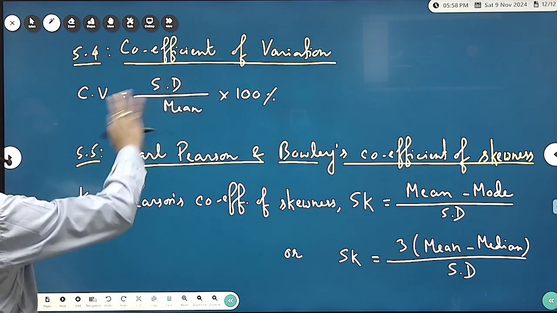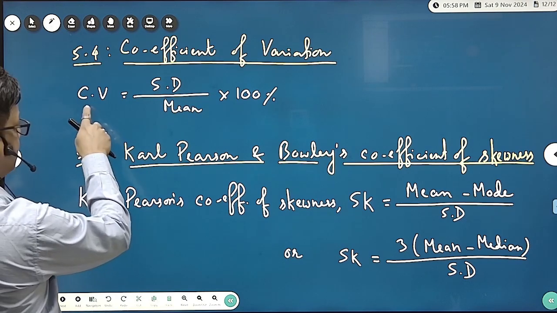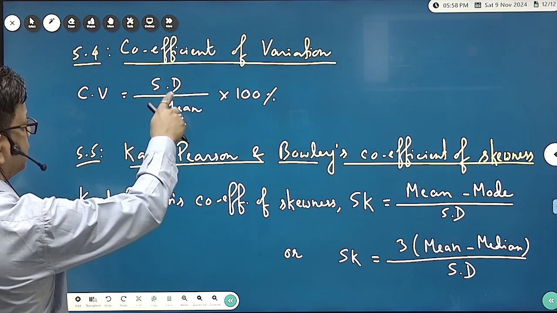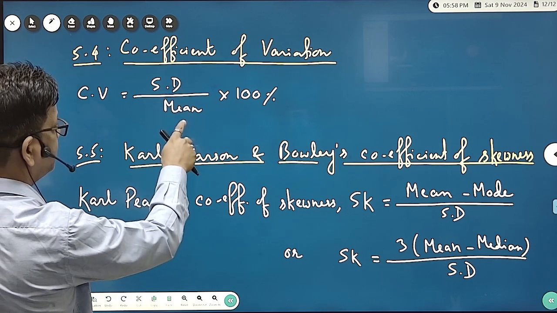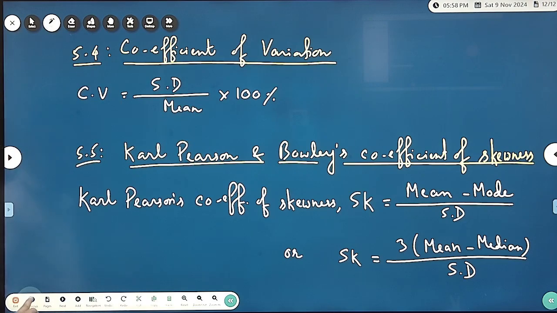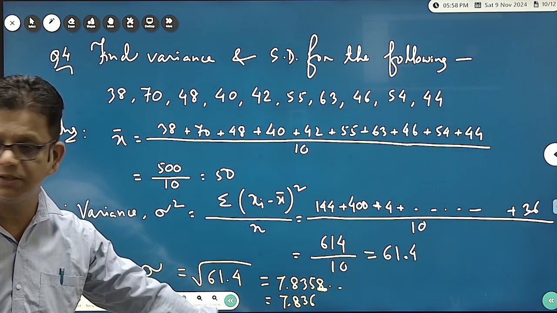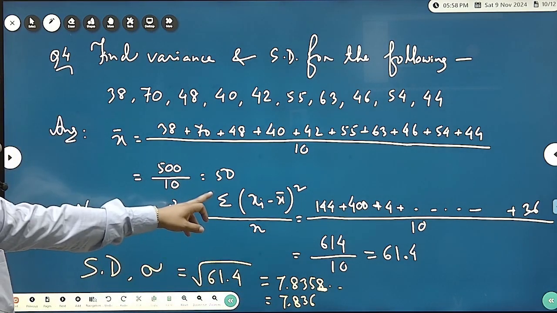So let us get it directly. It's easy to remember and easy to get. Just the standard deviation, we have to divide by how much? Look at this example. In this question, what is the standard deviation? 7.863. Mean how much? 50.